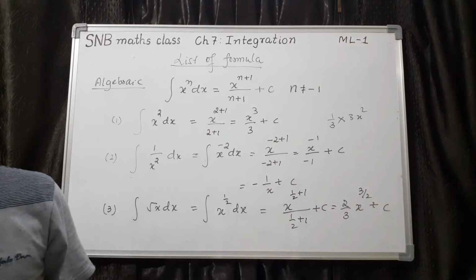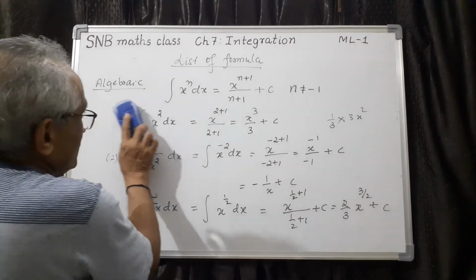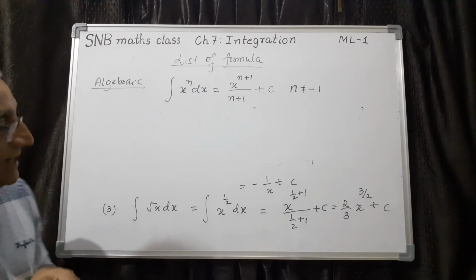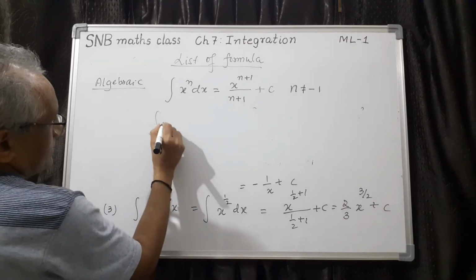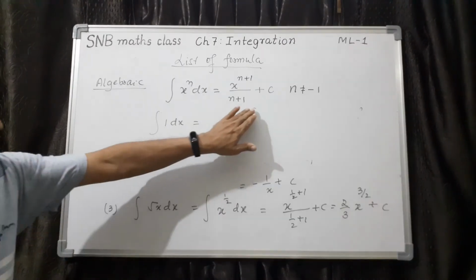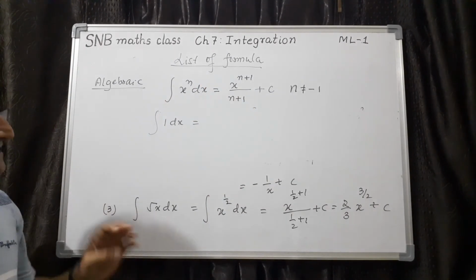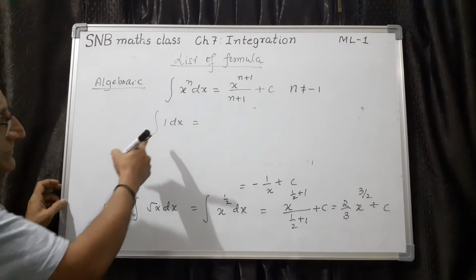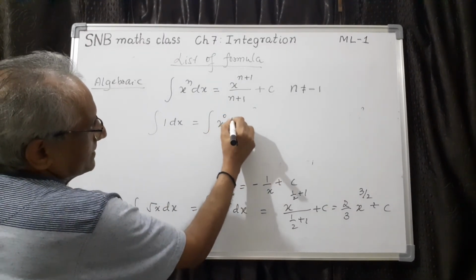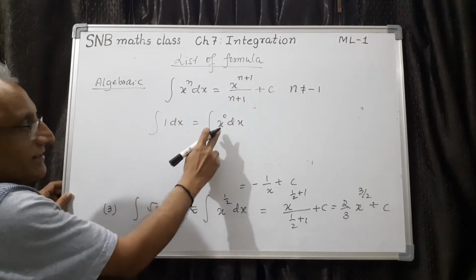Now let me give one more specific case. Suppose I have integration of 1 dx. How to do it? Can I apply this formula? That is interesting. What is 1? Actually I can write this as x^0 dx, because whenever x is not 0, x^0 is 1.